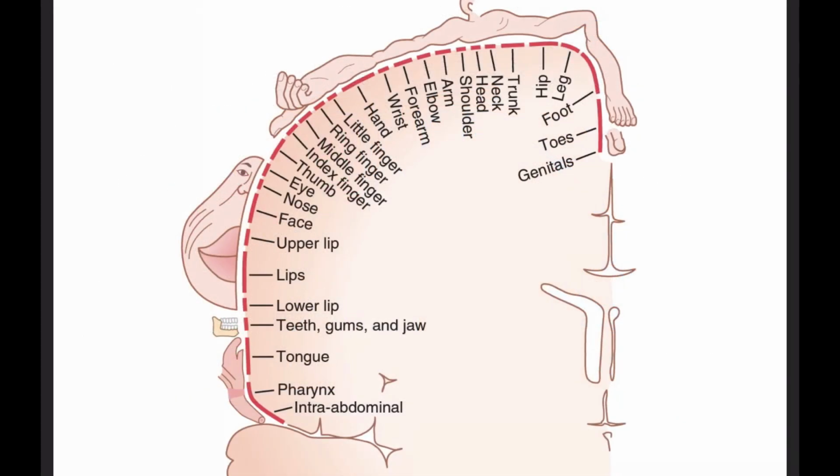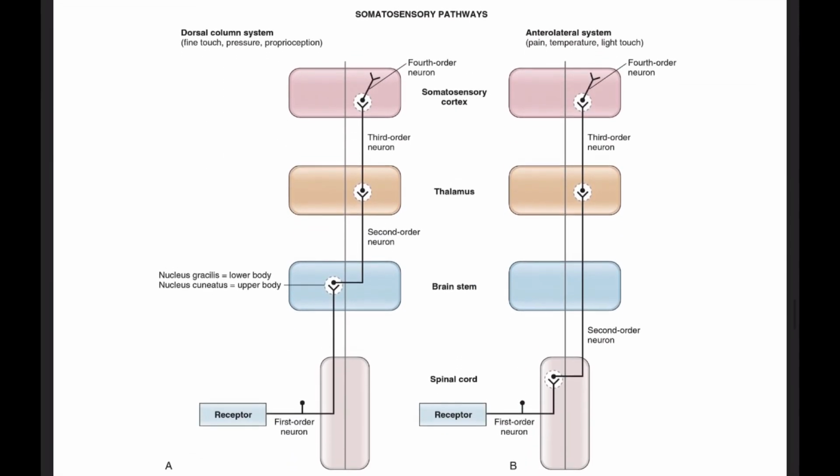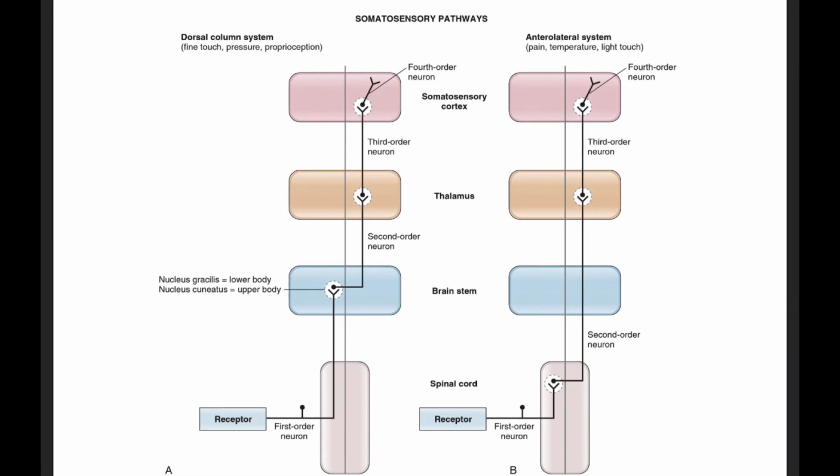This diagram shows only the postcentral gyrus and its arrangements. Now we will see the first order neuron, second order neuron, third order neuron, fourth order neuron in the dorsal column system. The dorsal column system is mainly related to fine touch, pressure and proprioception.